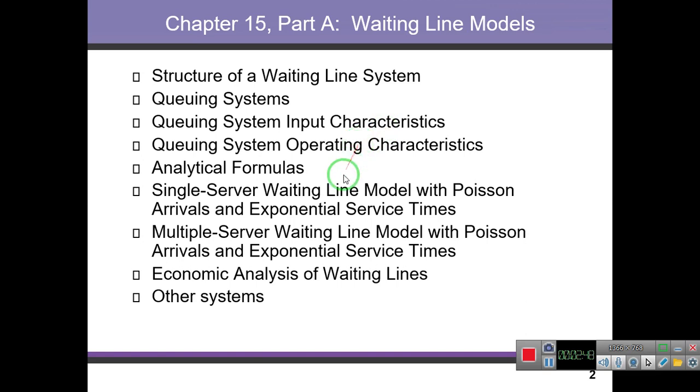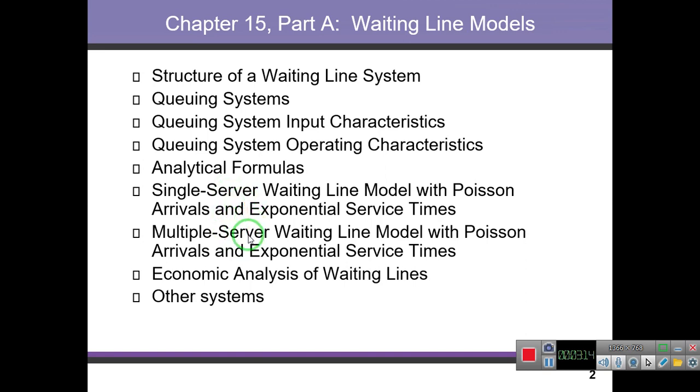So we're going to look mainly at a single server waiting line model with Poisson arrivals and exponential service times. I know this means nothing to you at this point, but it hopefully will mean something to you in just a couple of slides. Then we're going to look at multiple server. Now you're probably like, oh, I picked up on that, right? One is single server, one is multiple server. Yeah, that's the difference between these two.